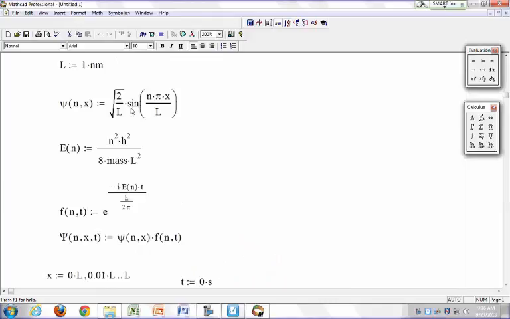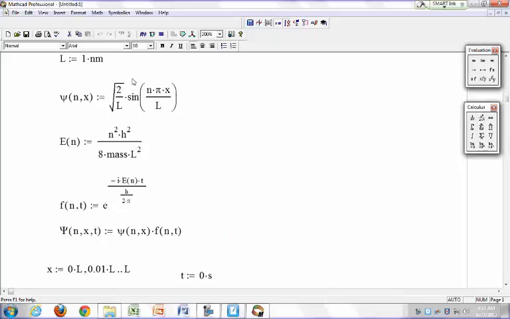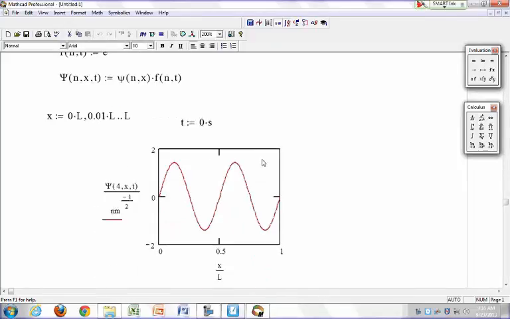Your sine function goes from 0 to -1 to +1, right? So your minimum value is negative square root of 2 over L. Your positive value is square root of 2 over L. So this one right here is square root of 2 over 1, which is 1.4, right? And this one, the minimum is -1.4.